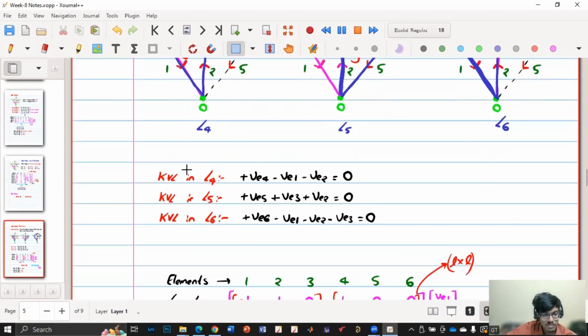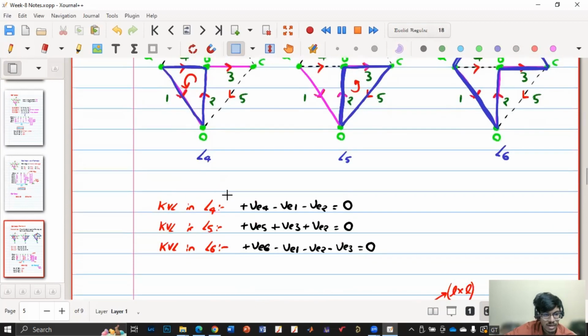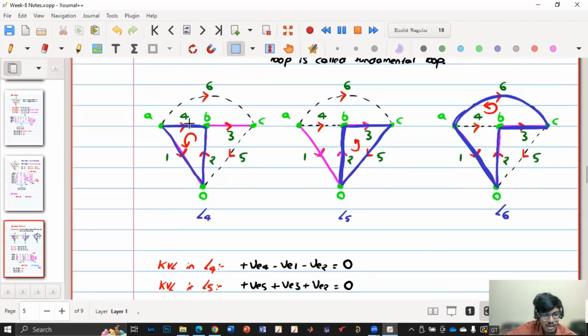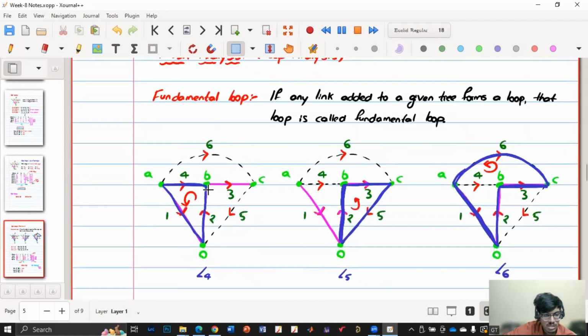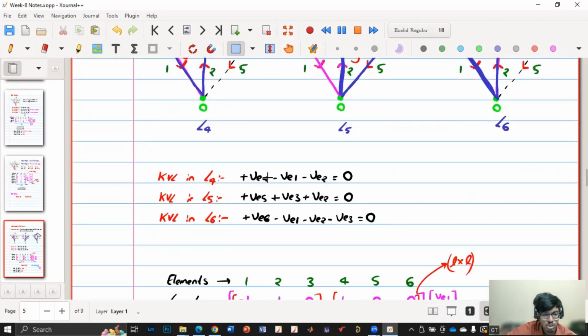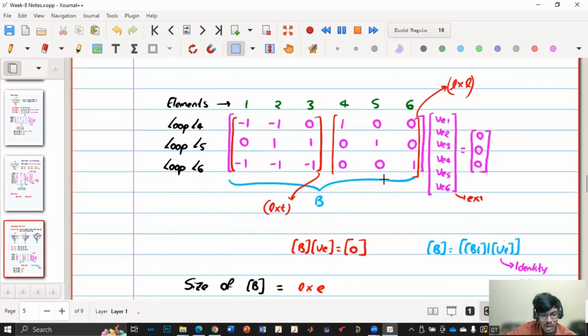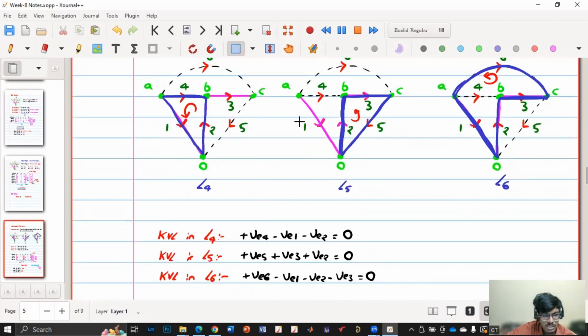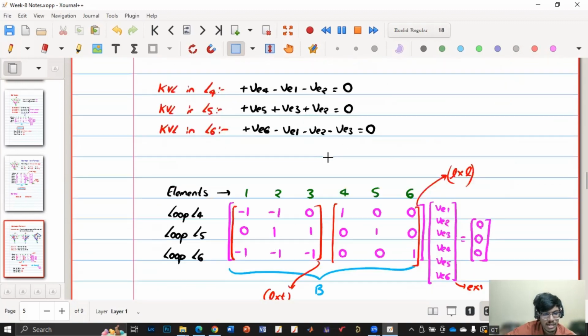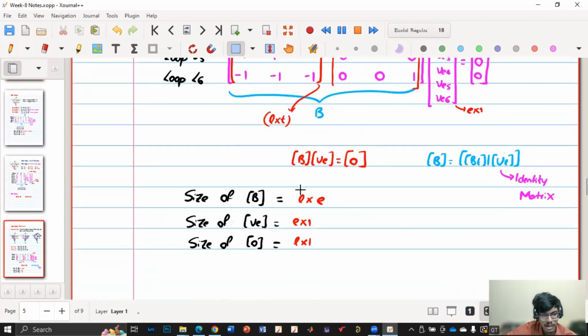So here first we have applied KVL and we made sure that the voltage coefficients of the voltages of the links should be positive because it will lead to identity matrix. So we have considered that convention, and we got the KVL, and then we have written in terms of this matrix, we will get B matrix into V is equal to 0.